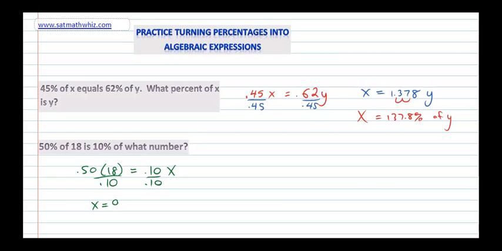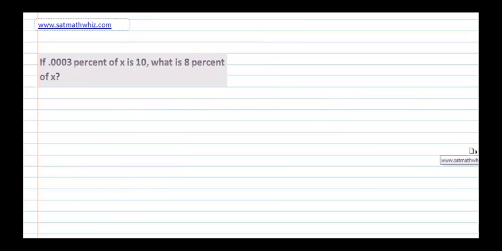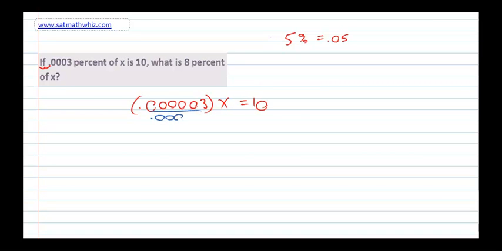If 0.003% of x is 10, what is 8% of x? Well, if 5% turns into 0.05, then 0.003% has to turn into a number where you move the decimal 2 spaces to the left. So now you have 5 zeros before the 3. So 0.000003x equals 10.